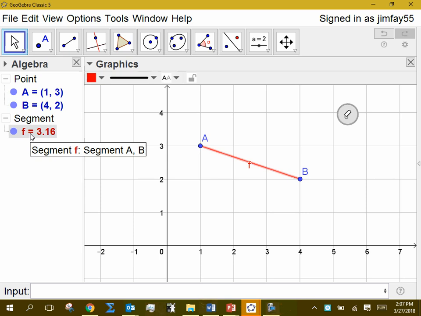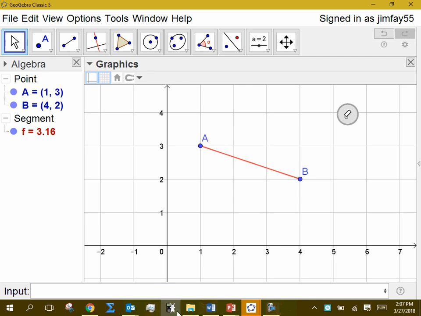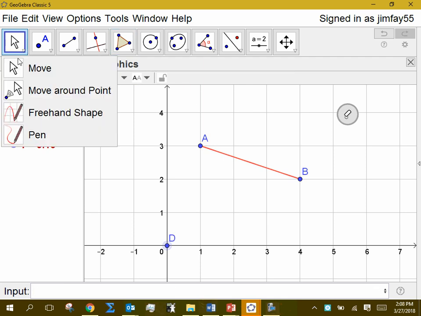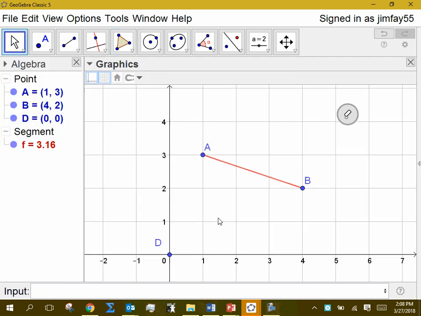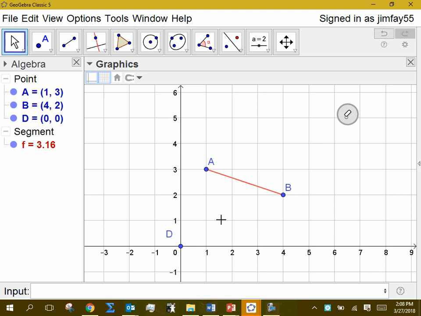Now, this dilation only works for things around 0, 0, so our dilation point D is the origin. Let's say I want to dilate this by 3 again, so a dilation of 3 of both of these ordered pairs.